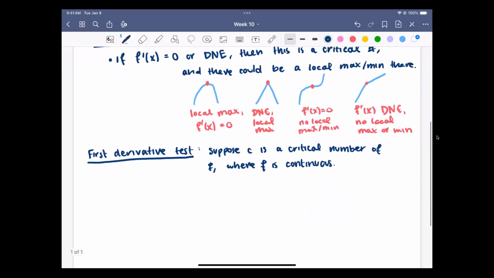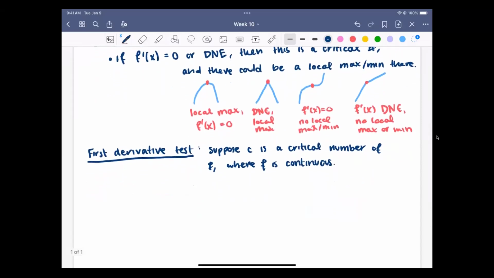Then what this is going to tell you is, if your derivative changes from positive to negative or from negative to positive at c, what happens? There's 3 parts to this.